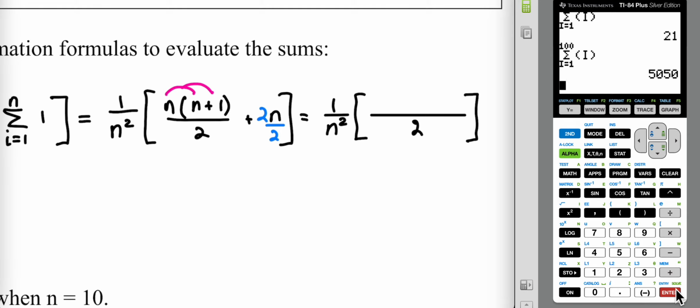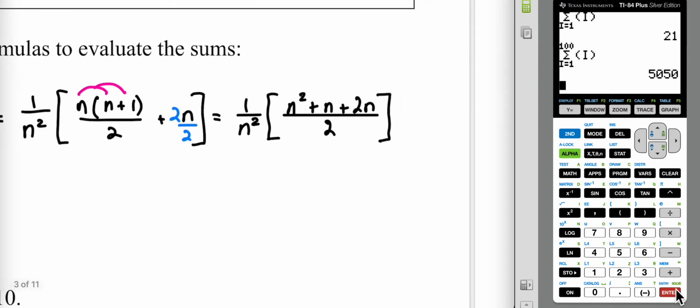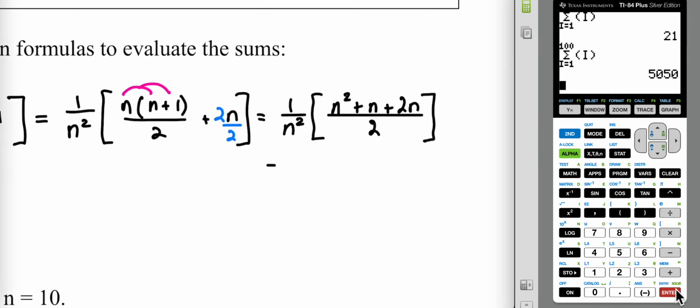All right, so n squared plus n plus another 2n. So I can bring this all together, but I do notice that once I combine things, I'm going to have a common factor. So before I bring it all together, consolidate. See, we have a common n up top, which can be factored out.